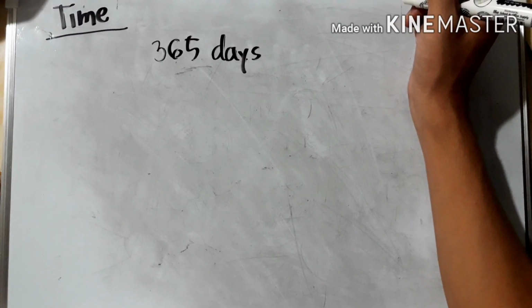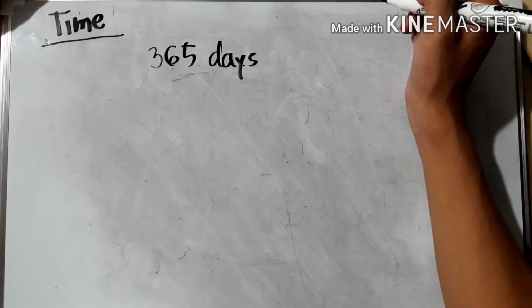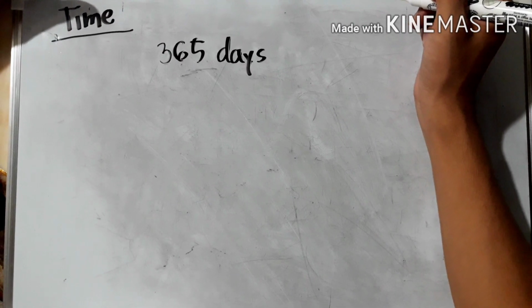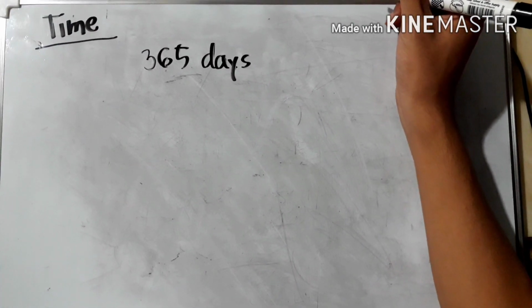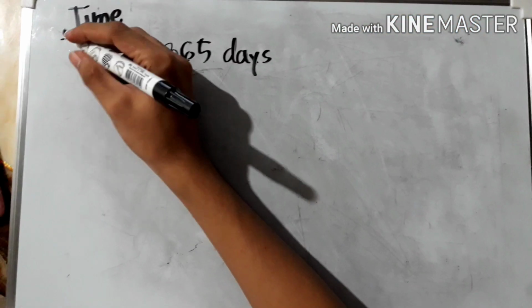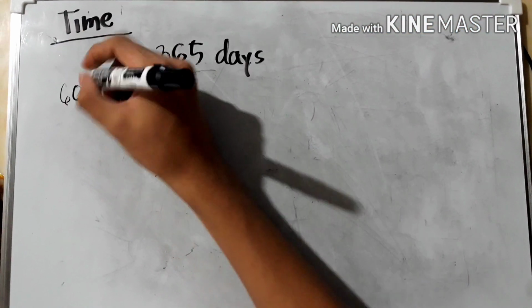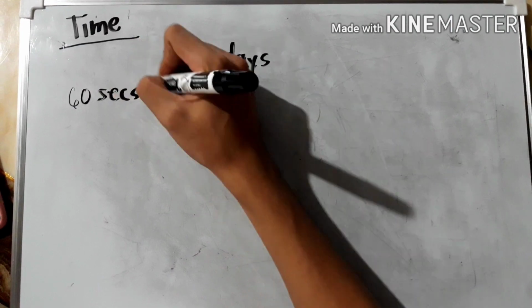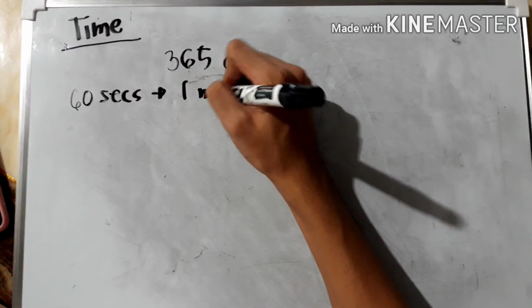So, meron tayo ditong different conversion na ginagamit when it comes to time. Di ba, ang 60 seconds katumbas ng 1 minuto. 60 seconds is equal to 1 minute.